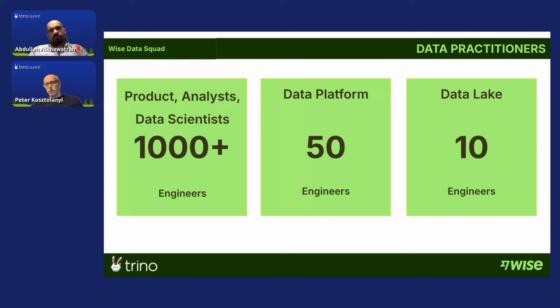We have roughly 50 engineers who take care of the data platform itself. They keep building, maintaining, and running the underlying data infrastructure for our users. And in the data lake specifically, we have roughly 10 engineers who contribute regularly to the data lake project that we are talking about today.